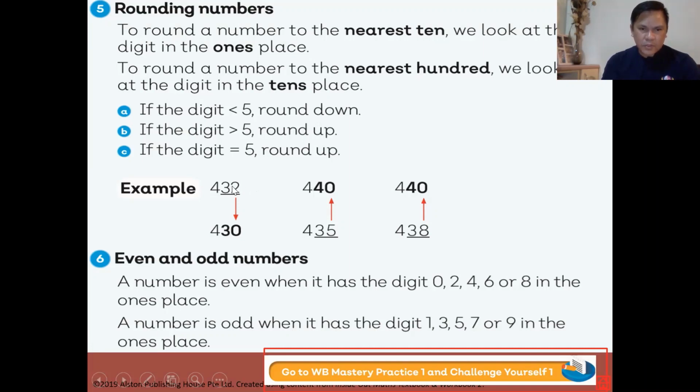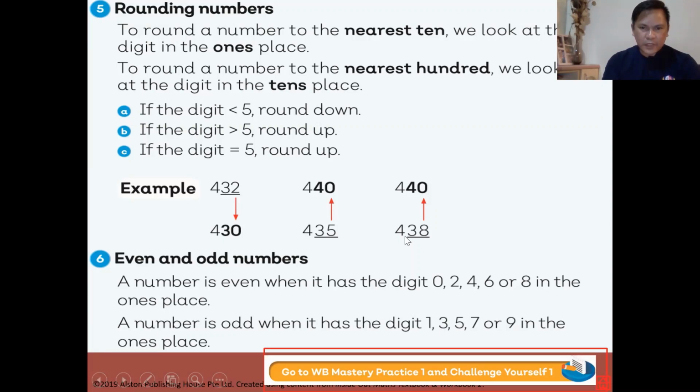Because 2 is small, we round down. The answer is 430. Then if the number is 435, we round up. The answer is 440.